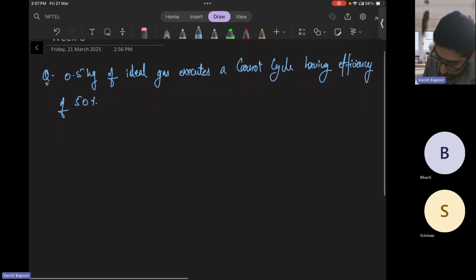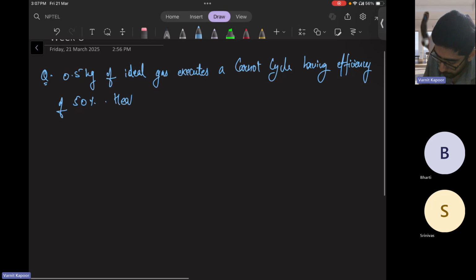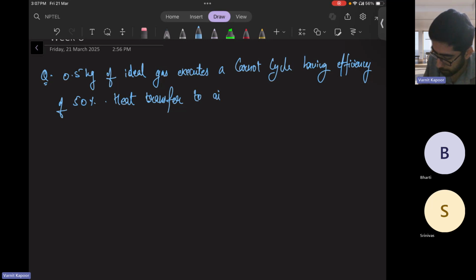Then heat transfer to air during isothermal expansion is 40 kilojoules.